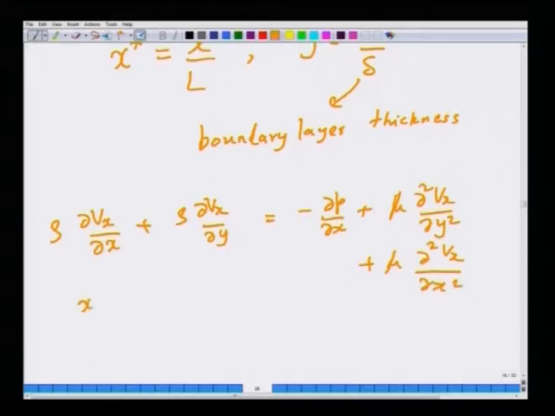Now, upon using x star is x by L, y tilde is y by delta, okay, and all the velocities v x star is v x by u, v y star is v y by u, and so on.